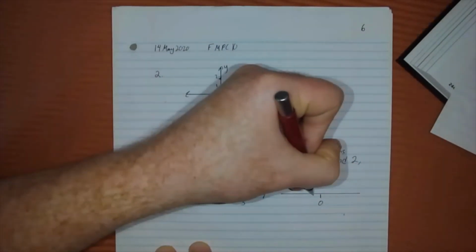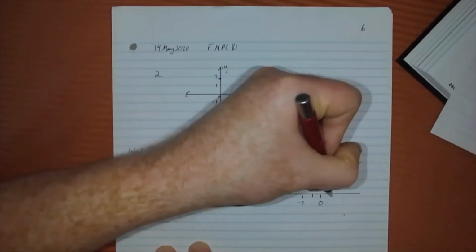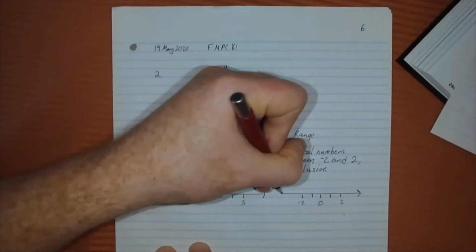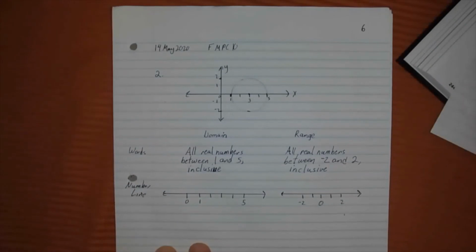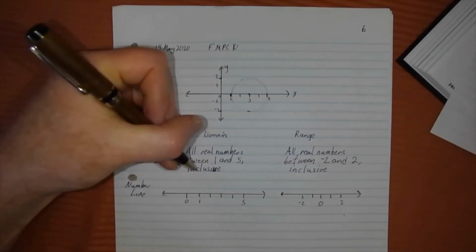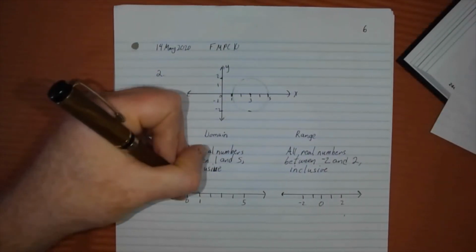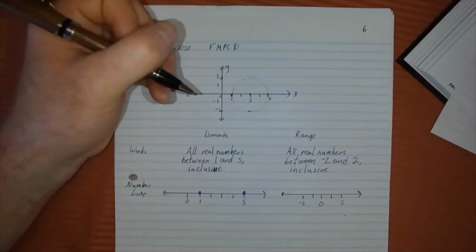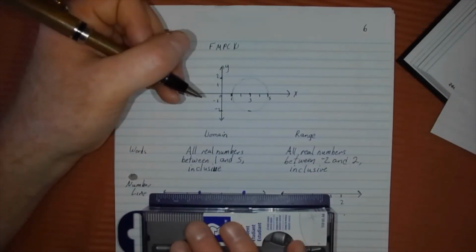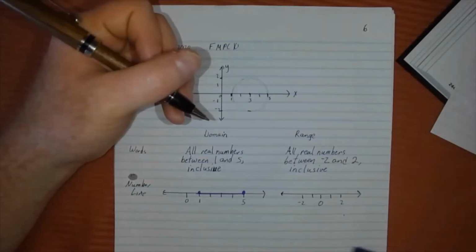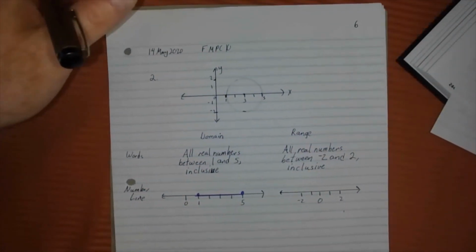I'm gonna do 0 here, minus 1, minus 2, plus 1, plus 2, in perpetuity. All right, let's get my blue pen. All real numbers between 1 and 5, inclusive. So that tells me I have a solid dot at 5 and at 1, and I connect them between 1 and 5. My line's gone a little astray, but you can figure that out.